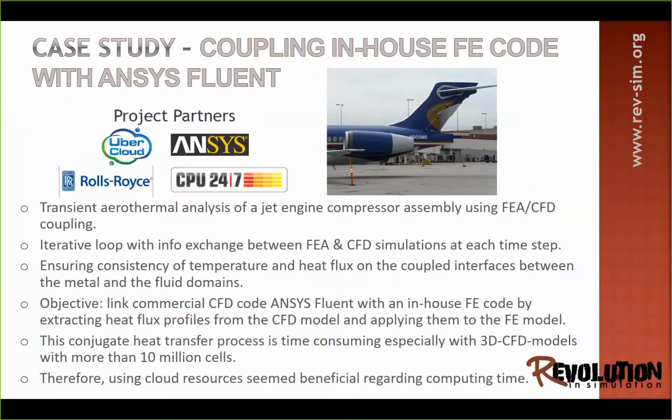And the finite element model for that provides metal temperatures in the solid domain. This so-called conjugate heat transfer process is very consuming in terms of compute power and time, especially when 3D CFD models with more than 10 million cells are required.